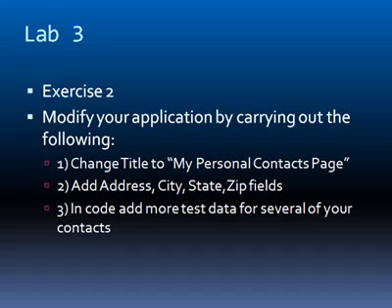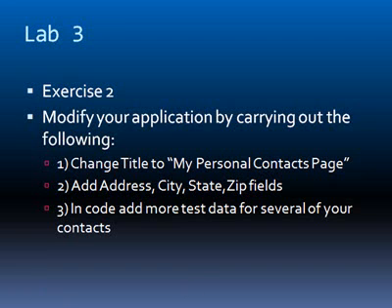And then in exercise 2, you're going to modify your application by carrying out a few extra steps. Change the title, add address, city, state, and zip fields, and add some more test data for several of the contacts. Again, you can go to the Learning Domain website. You'll be able to download your lab.